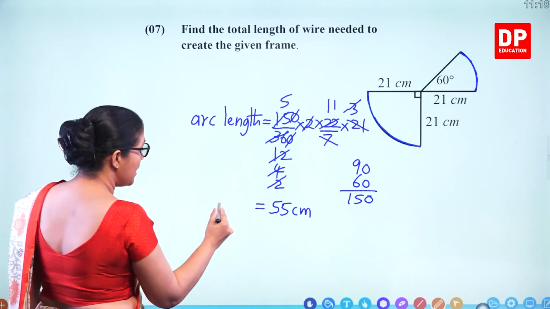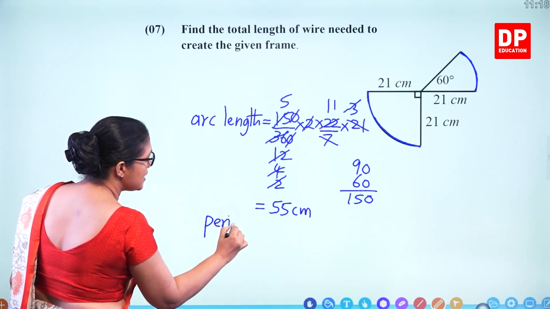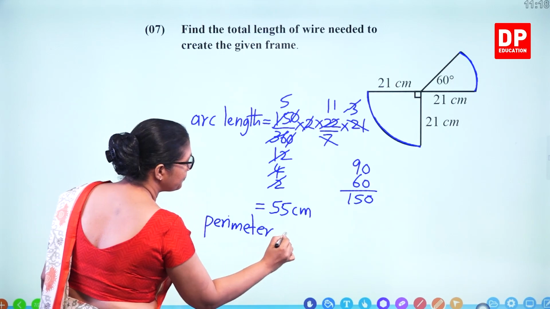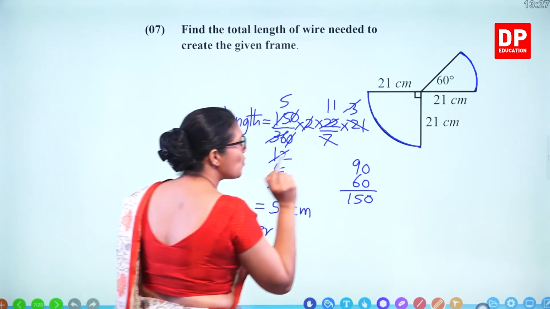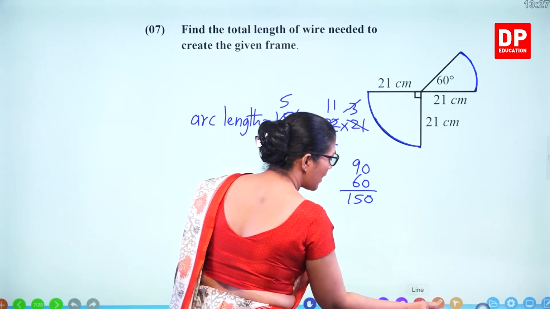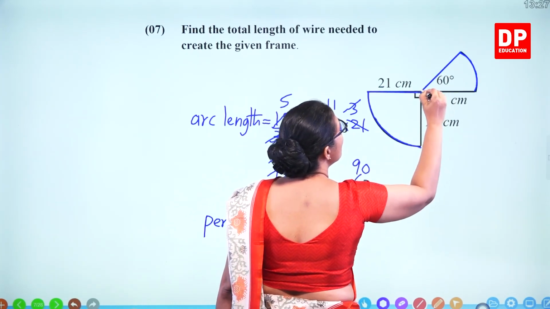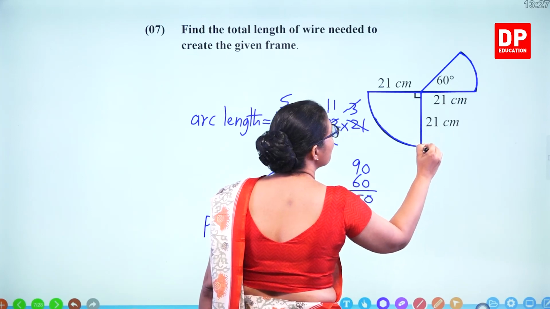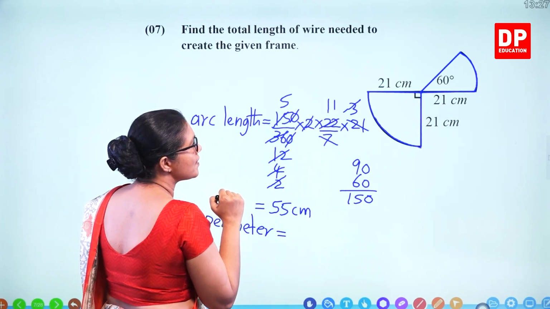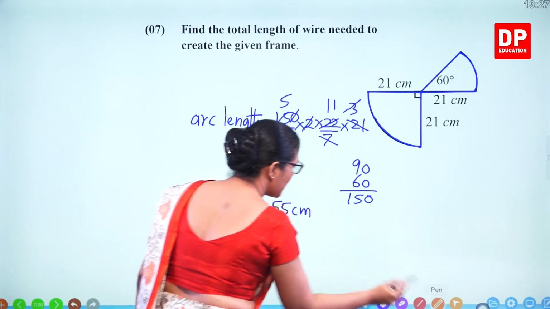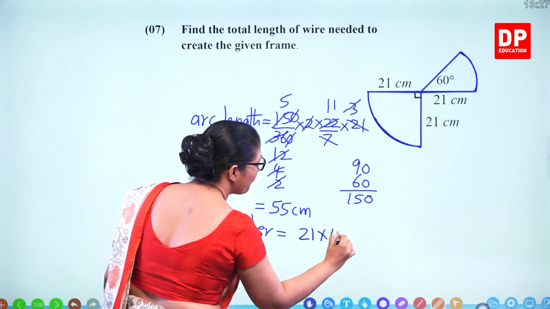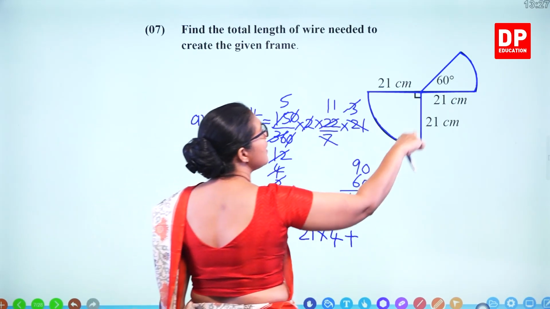So what's the perimeter now? Perimeter is equal to the outer length. So how many 21s are there? Just check how many 21s. 1, 2, 3, 4. 4 21s. So you get 21 times 4 plus the arc length.